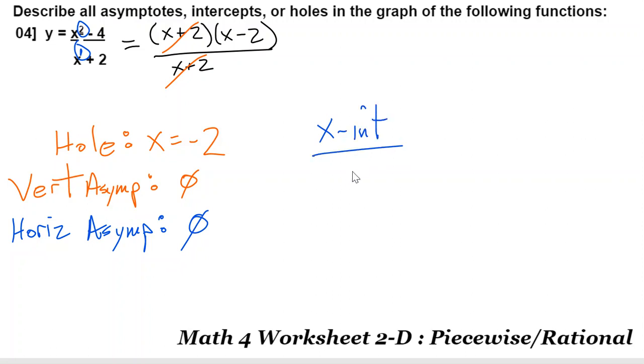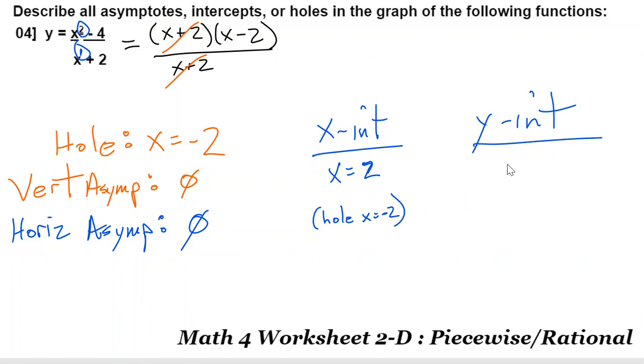The only one we really have is x equals 2, because there is a hole at x equals -2. And for the y-intercept, we have y equals the -4 on top, the +2 on the bottom. So we have a y-intercept where y is -2.